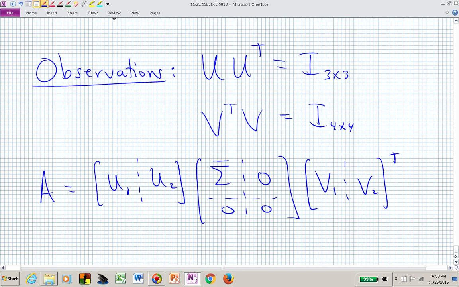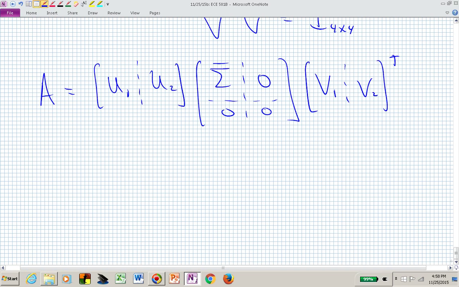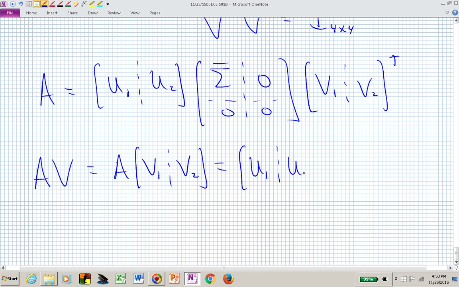That collapses to the identity, which now says that A times the matrix V, that's A times V1 V2, is the same as U1 U2 times sigma bar 0 0 0.